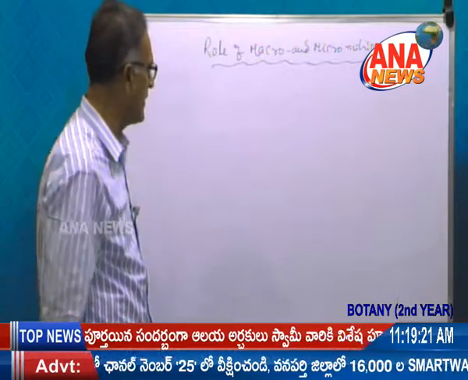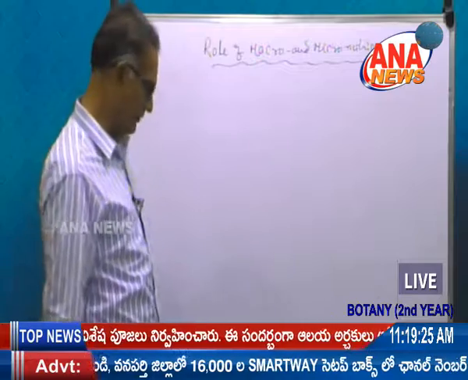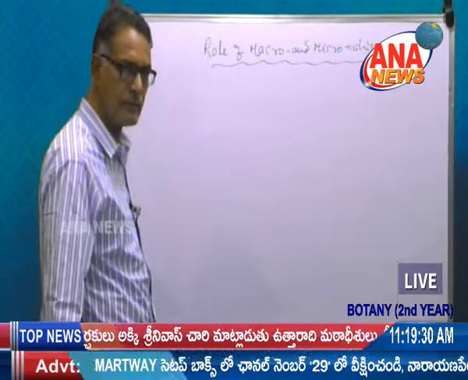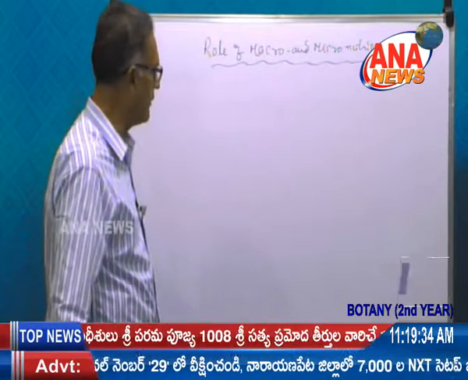So like that, they play an important role in the metabolic activities of the plants. Then the form in which the macro and micronutrients are absorbed and what their functions are.